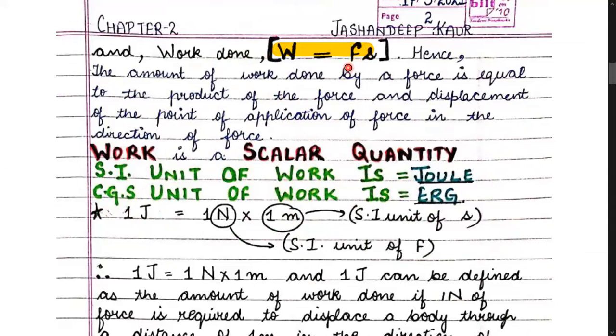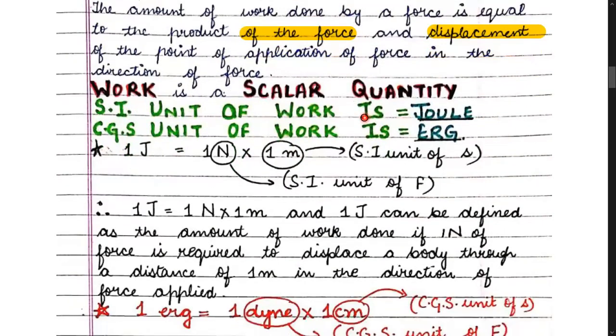The amount of work done by a force is equal to the product of the force and displacement of the point of application of force in the direction of force. And children, work is a scalar quantity. Remember it.